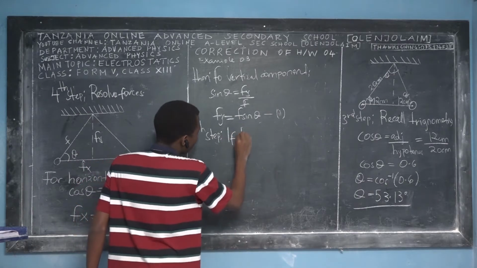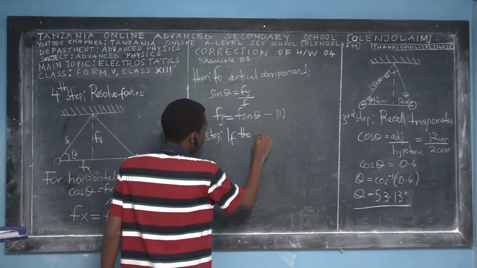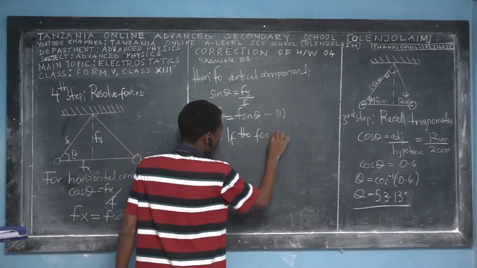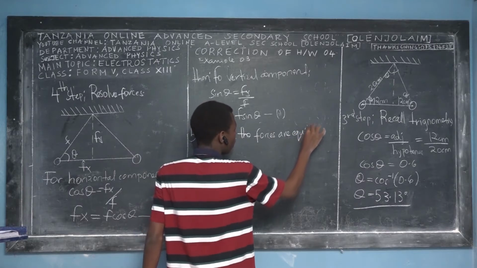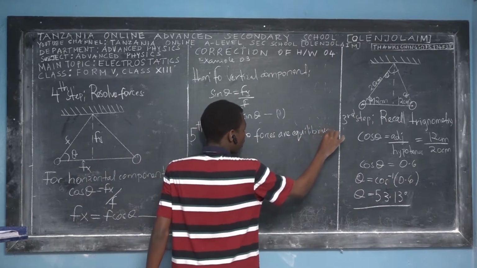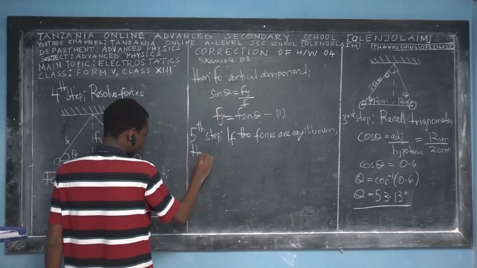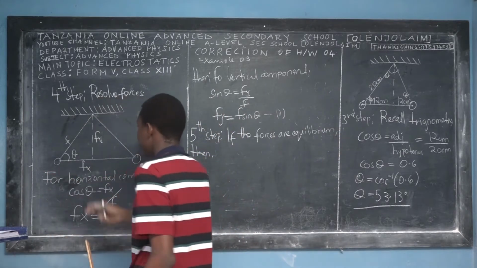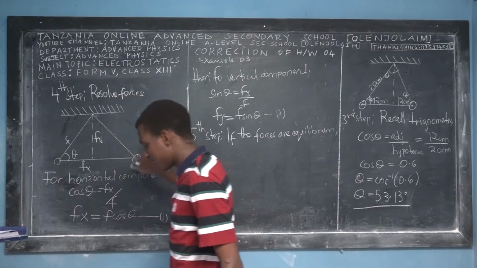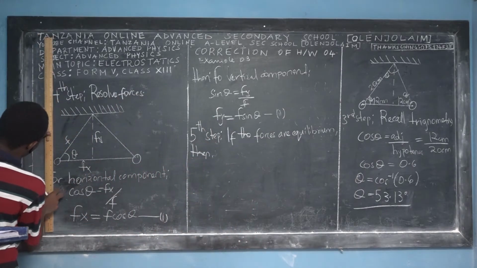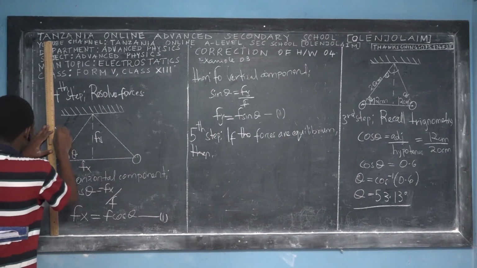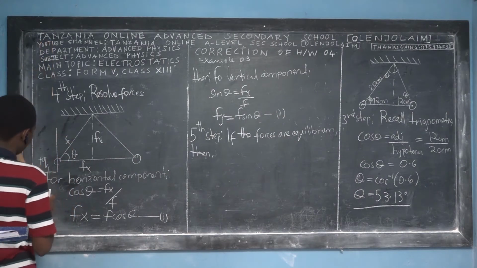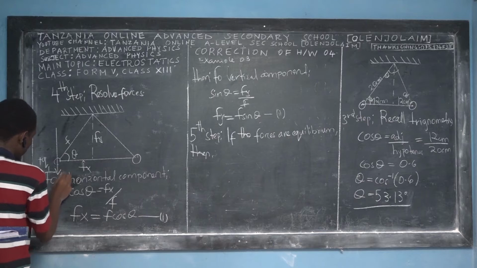If the forces are at equilibrium, then before going there, we have to come on this diagram here. In this charge 1, it has its own weight, which is going downward.